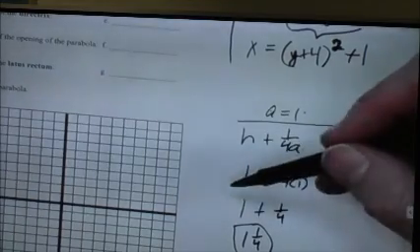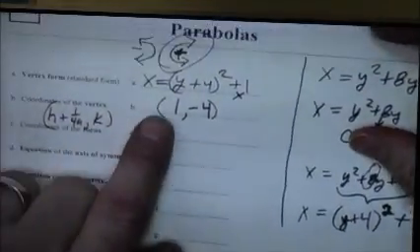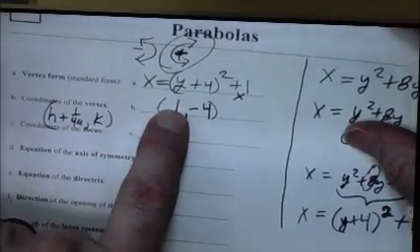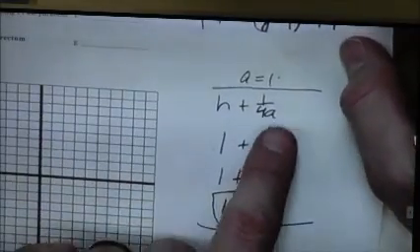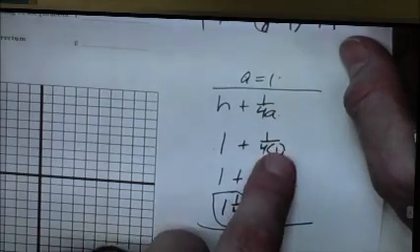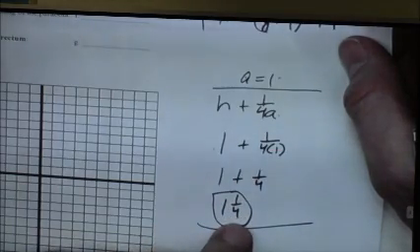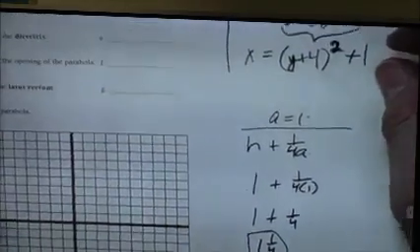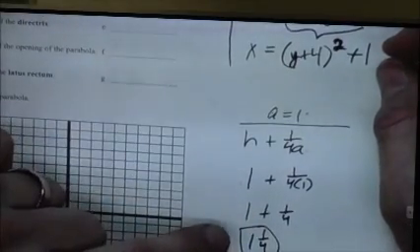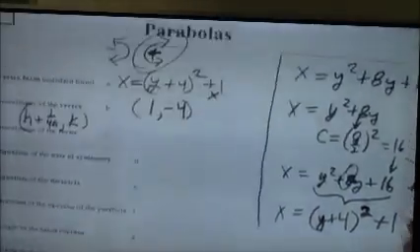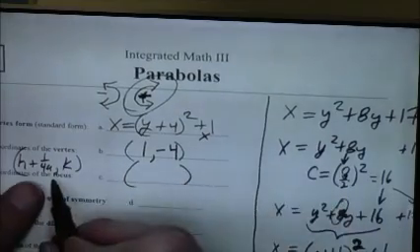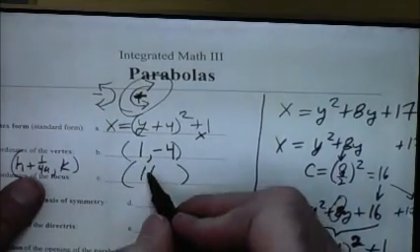And then I put 1 in for the h, because that's what that has been already. That was a 1 here. And then the a is equal to 1, so I put it in and I get 1/4. So back up here, the x value of the focus is going to be 1 1/4.